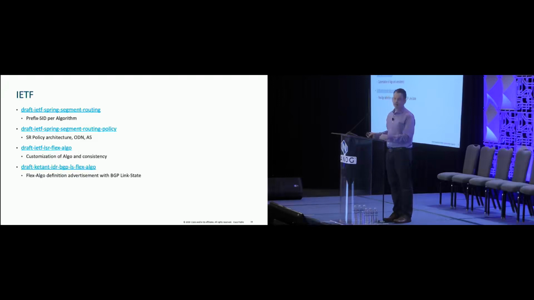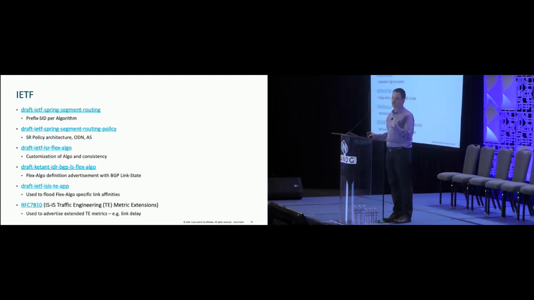There is another draft for those of you who want to optimize multi-domain networks and you're using a segment routing PCE: how can the PCE learn these flex algo topologies? So then you have extensions to BGP-LS to propagate the flex algo topology definition to the controller. And then the next two are existing drafts that I'll leave for your reading.